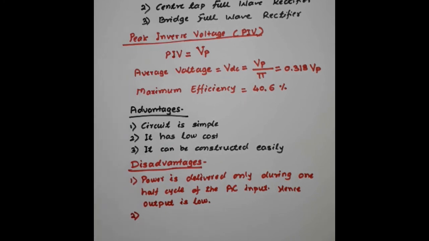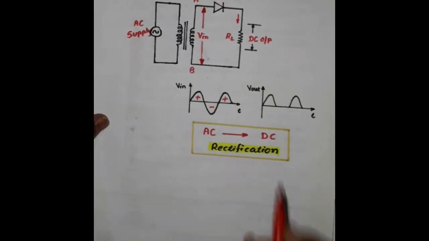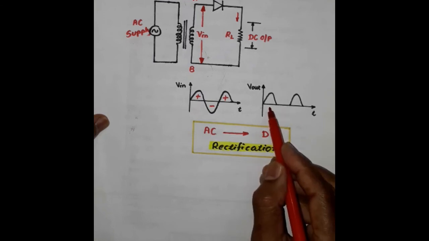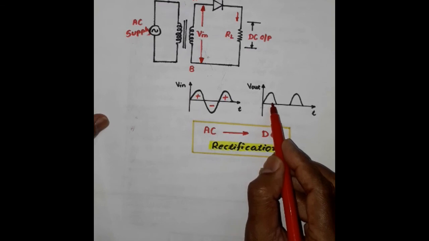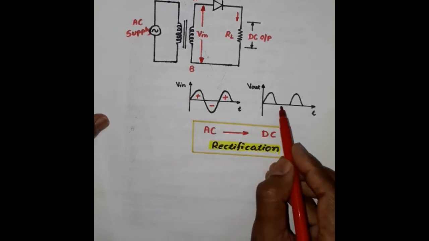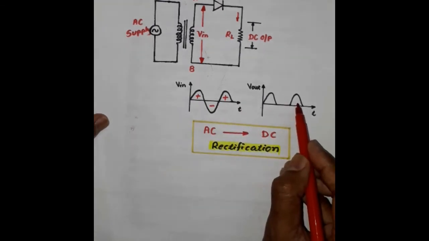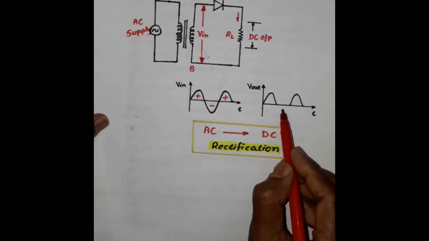Also, as we have seen that in case of half wave rectifier, the output is like this. For positive half cycle we get output voltage. For negative half cycle there is no output. Again for positive half cycle we get output voltage. In this way the output is there in the form of pulses.